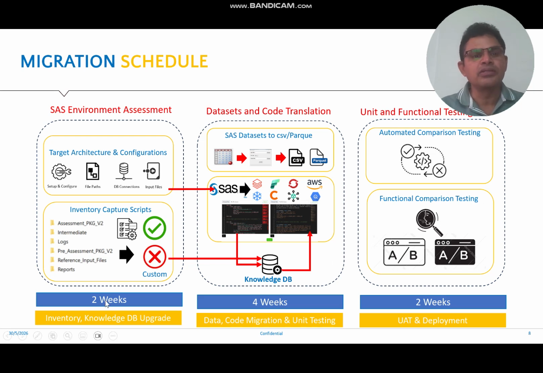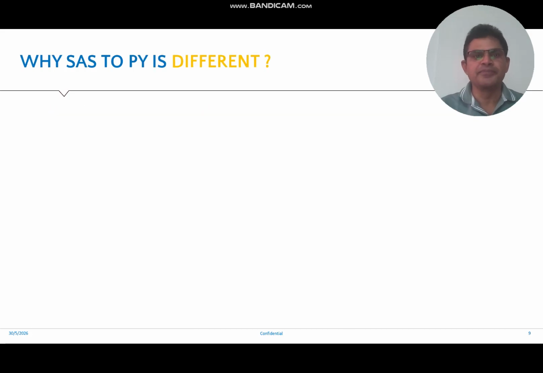Think about 2 weeks for the environment assessment, 4 weeks for data and code translation, including unit testing, and then 2 weeks for functional testing. So in a rapid fashion, without impacting your business, your SAS applications phase by phase will be on a new target platform. So that's the speed of SAS2Pi.